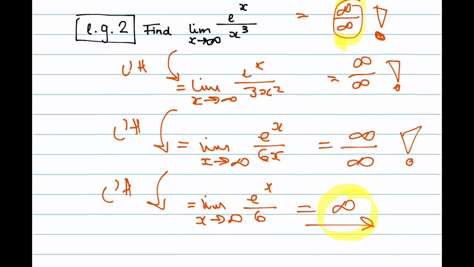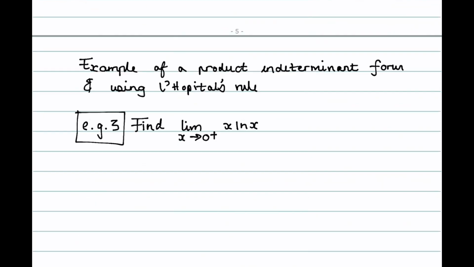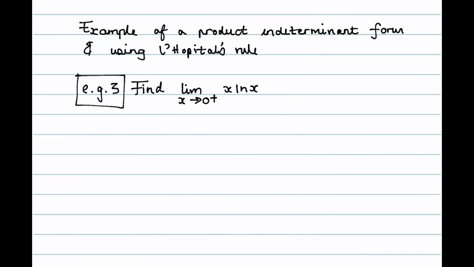Let's look at an example of a product indeterminate form. Say we want to find the limit as x approaches 0 from the positive side of x times ln of x. Well, if we just plug in 0 into this expression, we're going to find that this limit will be equal to 0 times minus infinity, which is an indeterminate form.